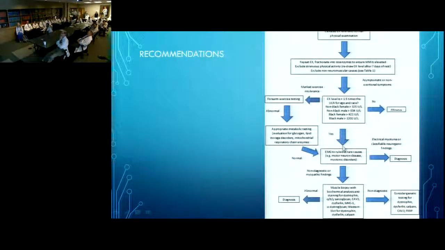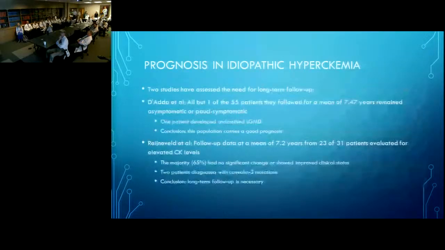If they do have a higher CK elevation, you can do an EMG to rule out rare causes and even proceed with muscle biopsy. And if they're abnormal, you can proceed even with genetic studies. As I said, a certain number of dystrophies were found to be common, and these include caveolin mutations and a few other rare forms of muscular dystrophy.